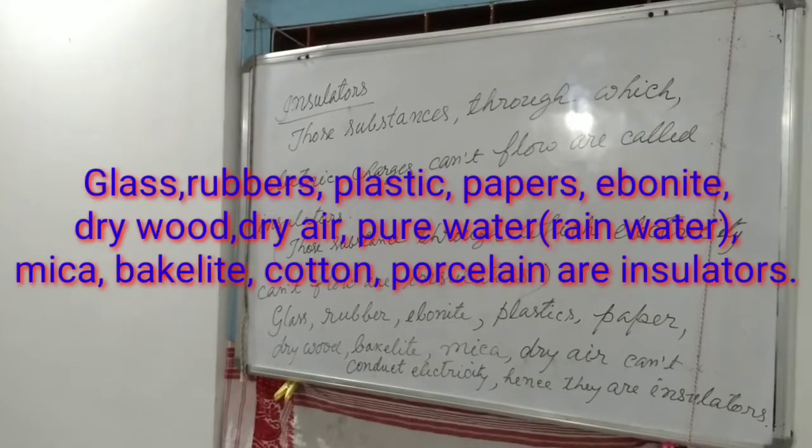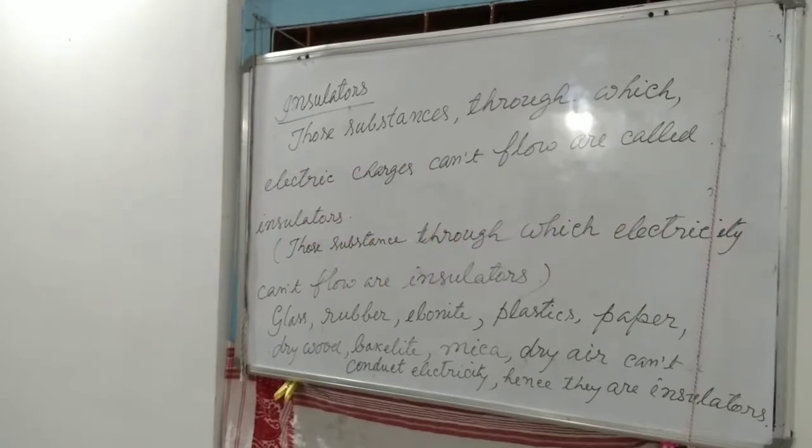Glass, various types of rubbers, whether synthetic or natural rubber, ebonite. We have told a lot about ebonite in our first video. Various types of plastics, papers, dry wood. You know that dry wood is not a conductor. Similarly, bakelite, mica, and dry air cannot conduct electricity, hence they are insulators.